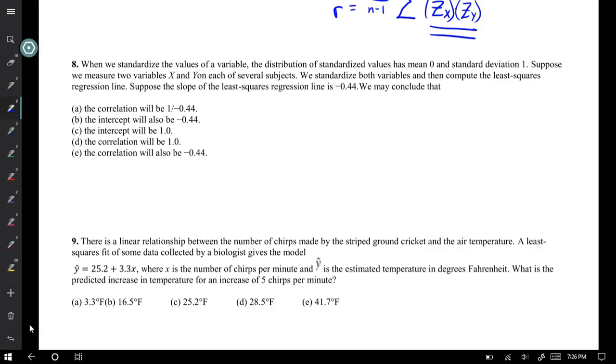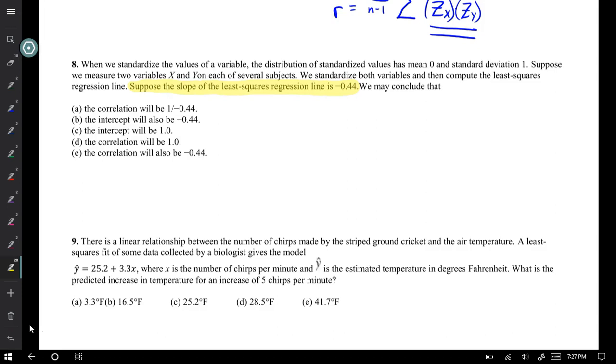Suppose the slope of the least squares regression line is -0.44. We may conclude, well, I have to read all this. We standardize both variables to a mean of 0 and a standard deviation of 1. We do that to both the x and the y. So what can we conclude?